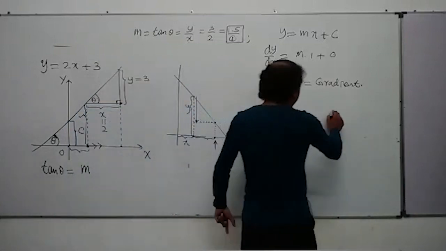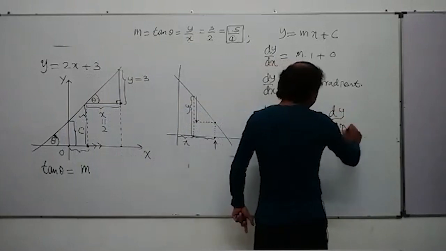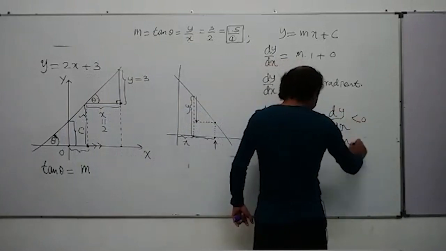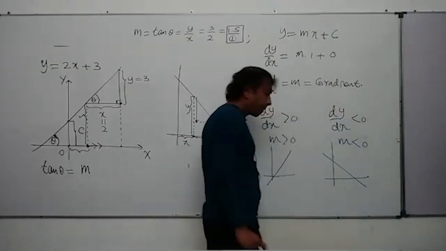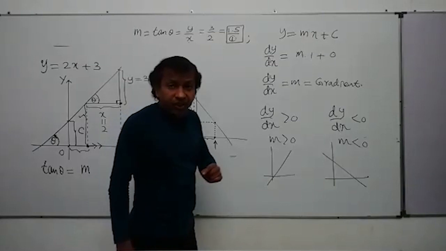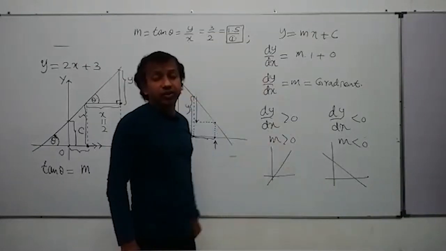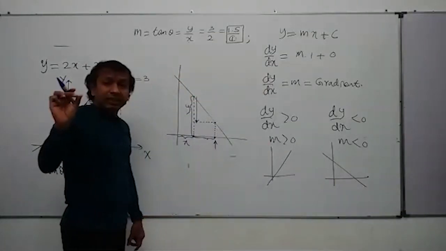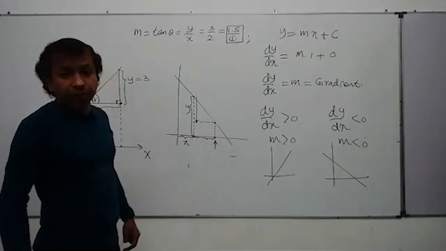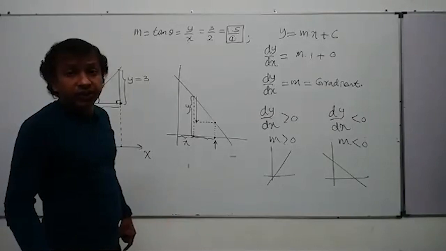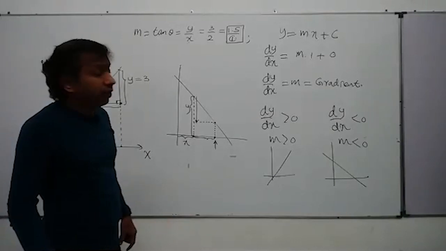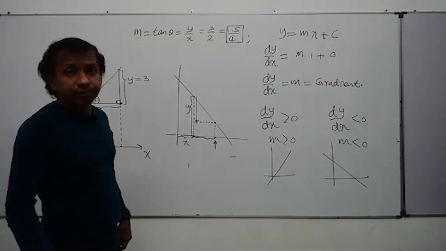Dy by dx negative means the gradient is negative, and the line should be like this. Then you can see as x increases, y decreases. This is the key thing in this application of derivative, people. You have to very clearly understand this concept, then the application of derivative is very easy and interesting.